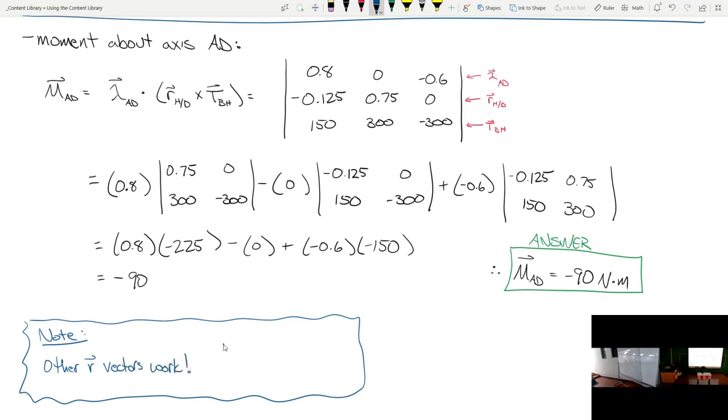In other words, try R_BA, and this one is only 0.5 I. So if you replace that middle row with just 0.5, you will get the same answer. Got to try it out and see.